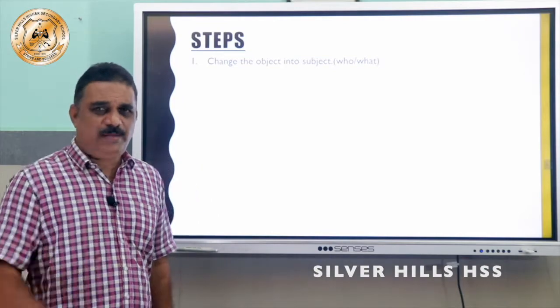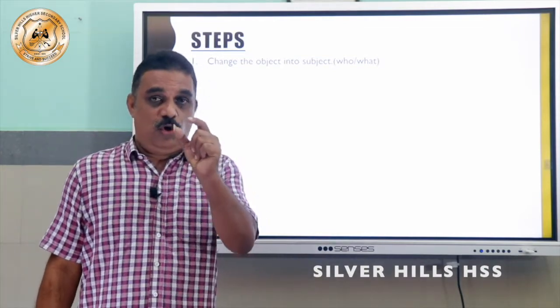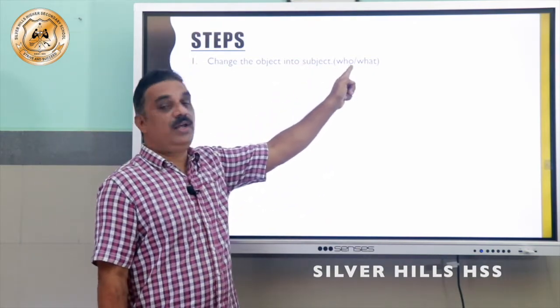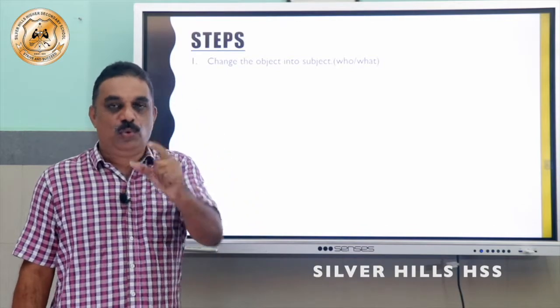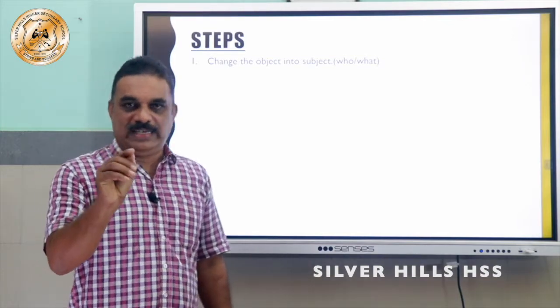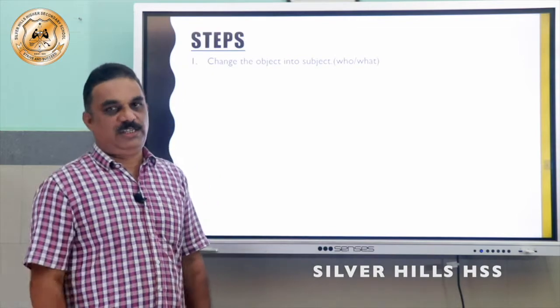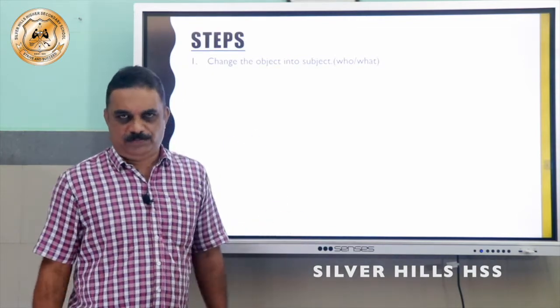Sometimes you will find a little difficulty in finding the object. There you can use these 2 questions, who or what. Ask the verb who or what, and the answer that you get will be the object, and take the object into subject position.